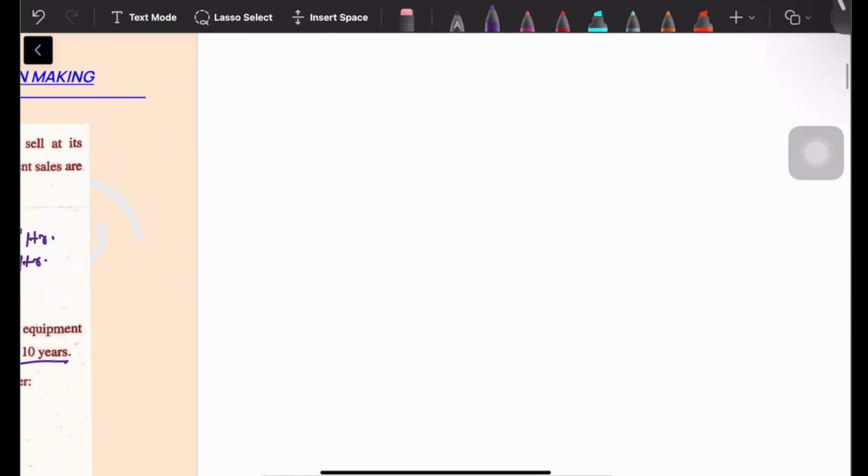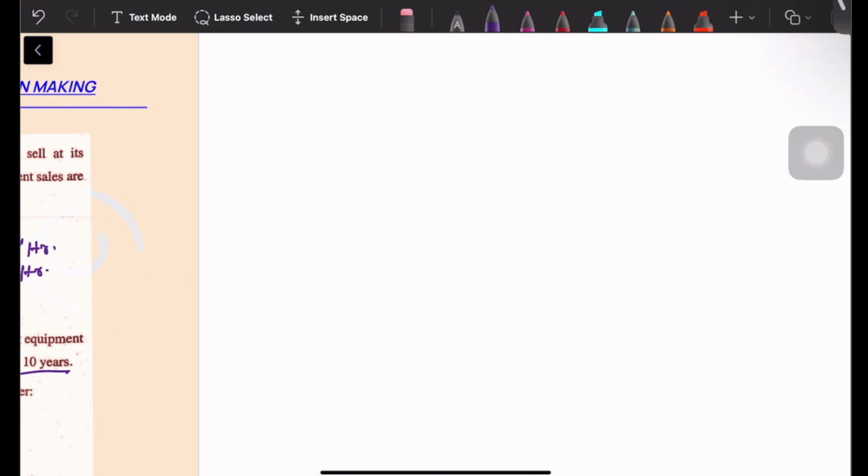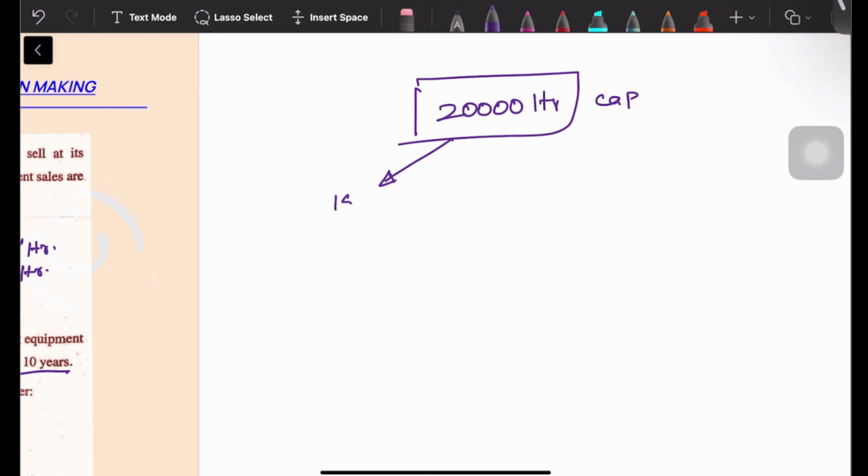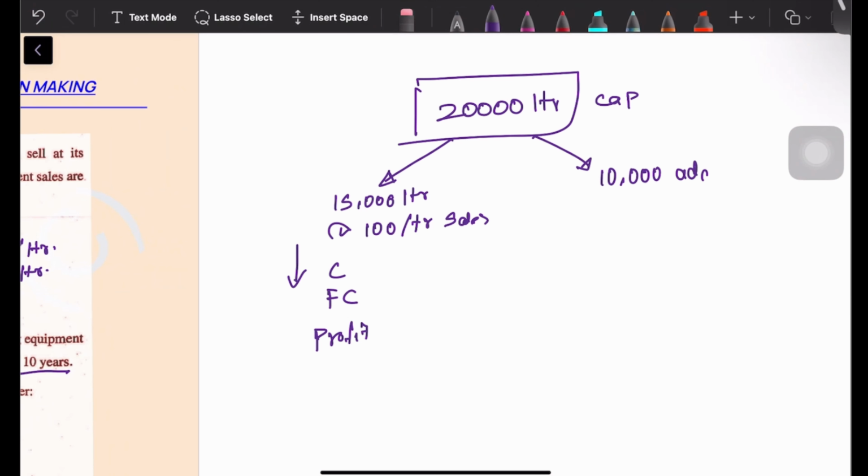So first let us write the decision tree. So 20,000 liter, this is my capacity. What is the current scenario? I am producing 15,000 liter at 100 per liter sales, and along with this there is a contribution, there is a fixed cost, then you have a profit. So this is given. Second, additional order 10,000 liter additional, but this is at 90.